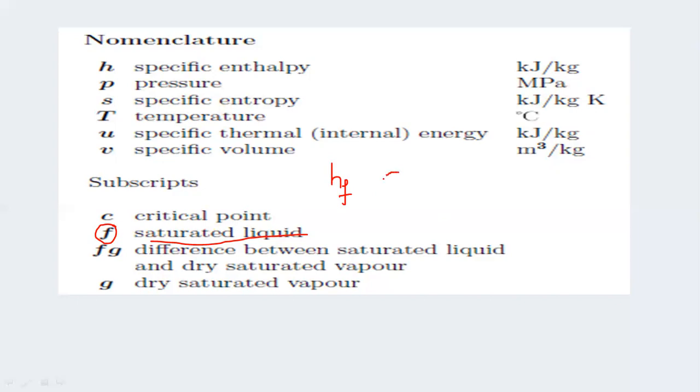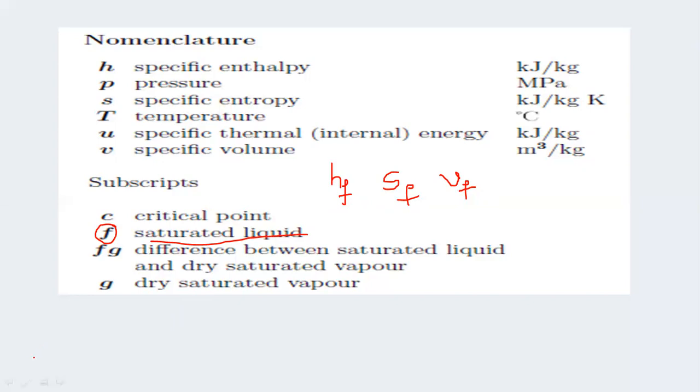Similarly, the specific entropy we write as s suffix f, and the specific volume as v suffix f. So the properties at the fluid phase we write using these subscripts hf, sf, and vf.